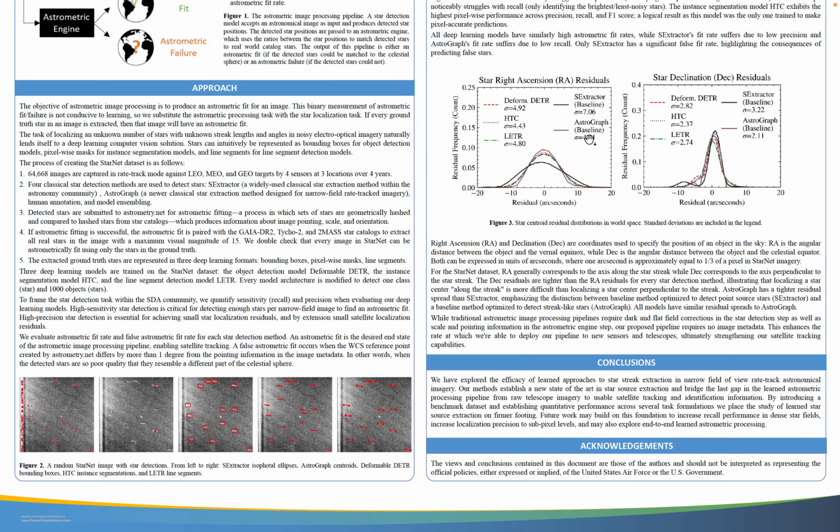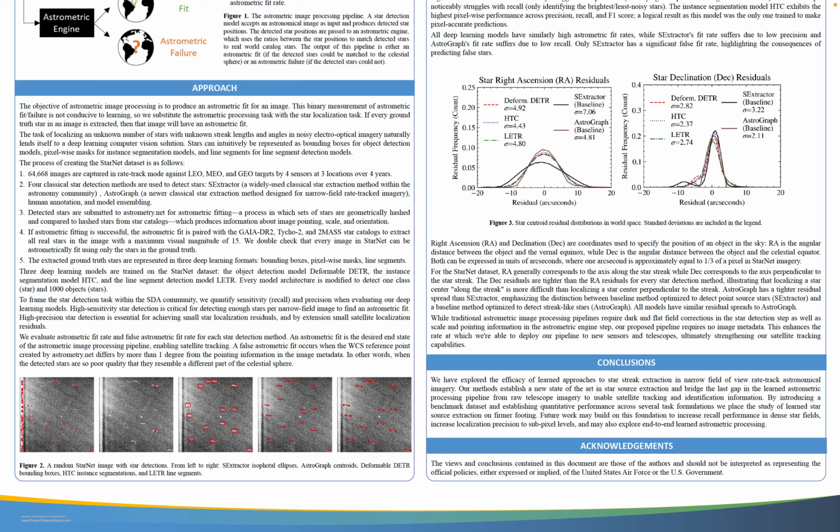And then finally, all of our machine learning methods have residual spreads similar to Astrograph, which is one of our baseline methods. Source Extractor, specifically in the RA dimension, has a worse residual, which just means Source Extractor is quite bad at localizing the center of the star streak along the star streak. And this makes sense because Source Extractor was really built for stars that look like point sources and not stars that look like streaks.